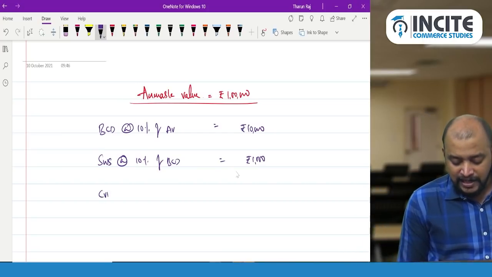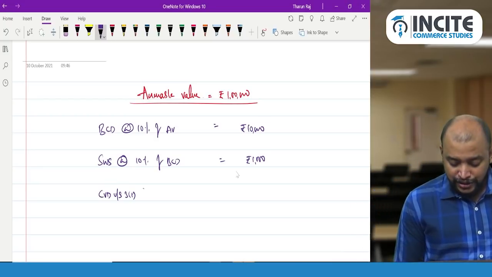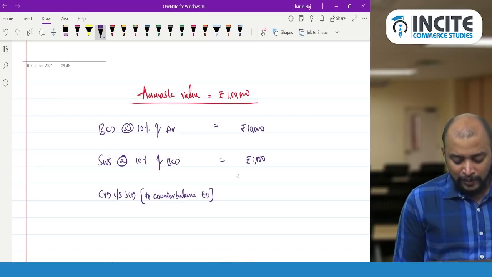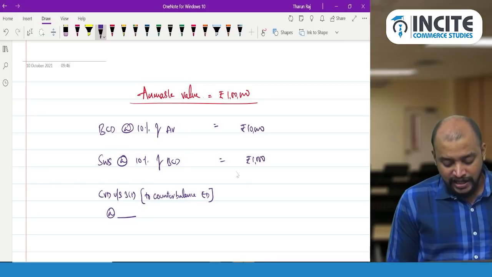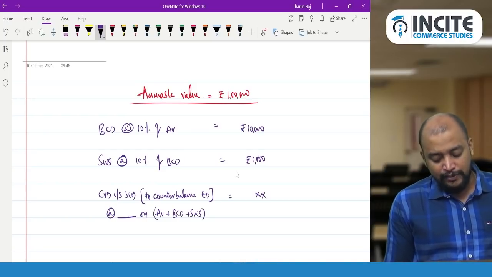Then CVD under section 3 subsection 1. This is to counterbalance excise duty. That rate will be given, and it will be computed on assessable value plus basic customs duty plus social welfare surcharge. Whatever is the amount, we will take.